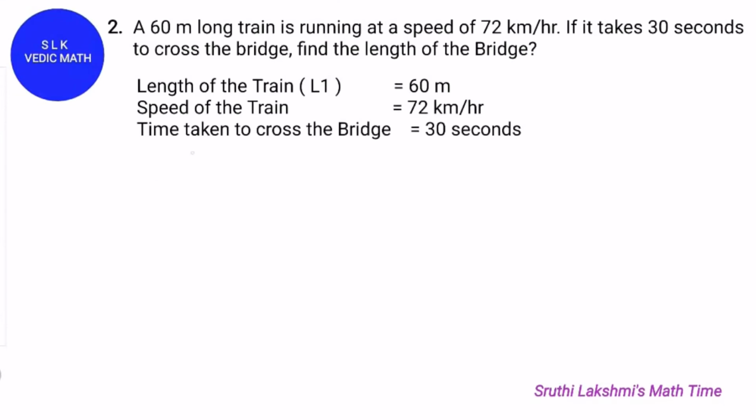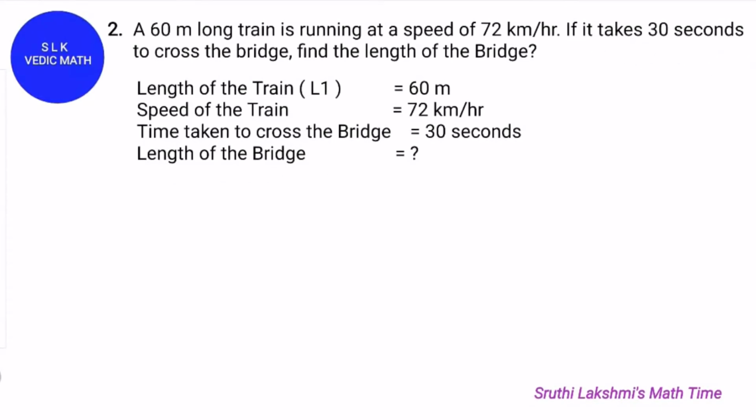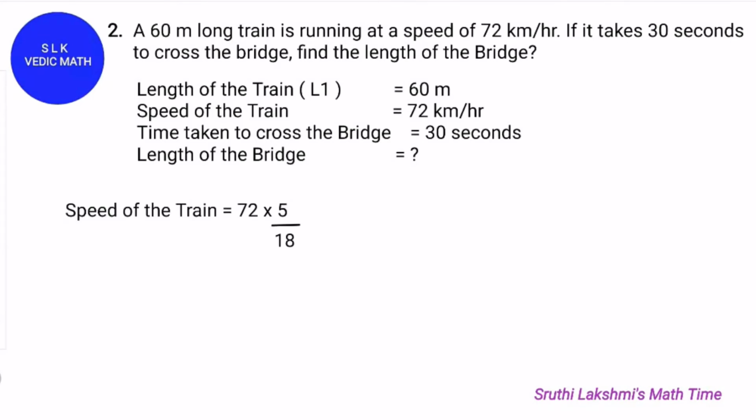And the time taken to cross the bridge for the train is 30 seconds. And they're asking, what's the length of the bridge? The question is, if it takes 30 seconds to cross the bridge, find the length of the bridge. So we have to find the length of the bridge.